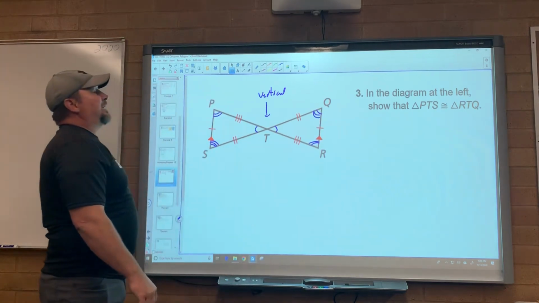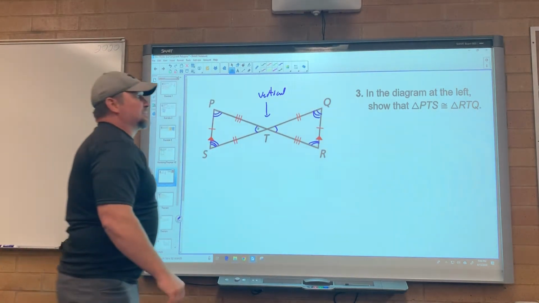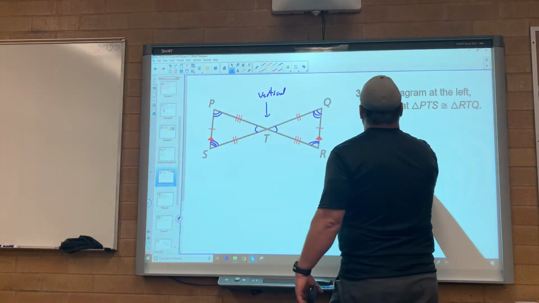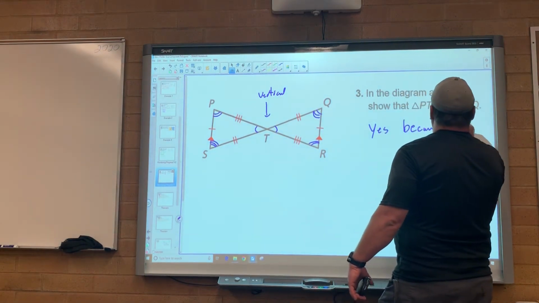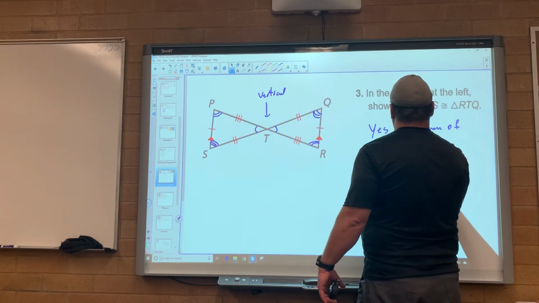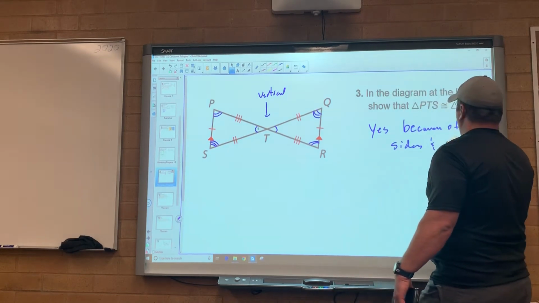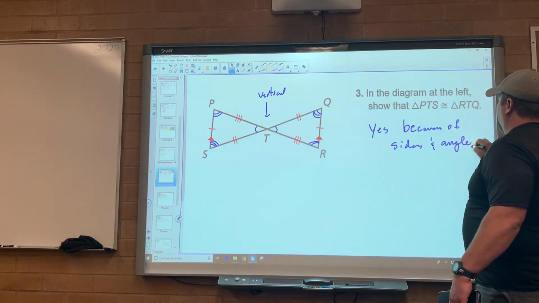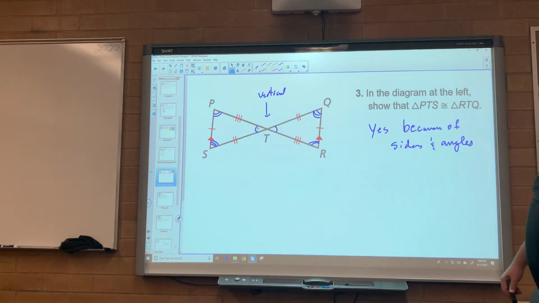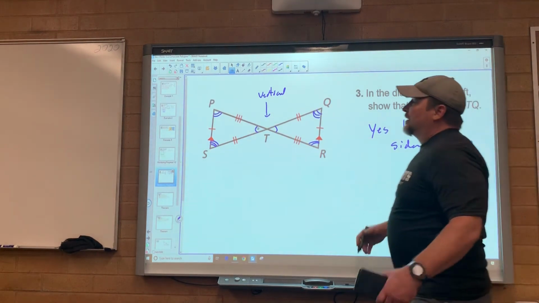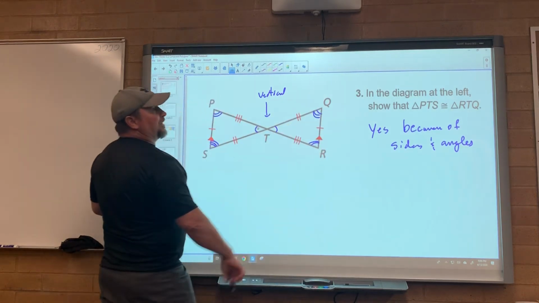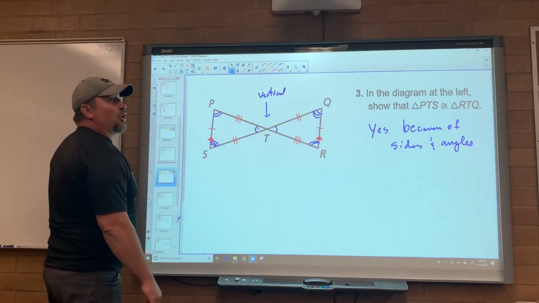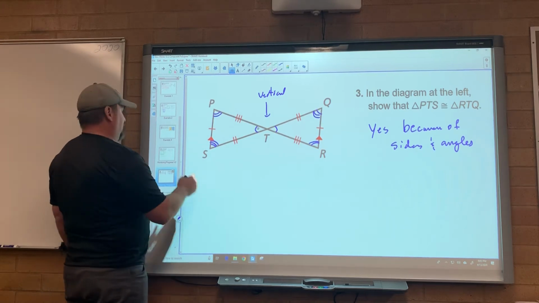So yes, they are congruent because of all the parts. Sides and angles. All the parts are congruent because they are congruent by the sides and angles. Now remember, it's because of parallel lines cut by a transversal. Okay? We have alternate interior angles congruent.